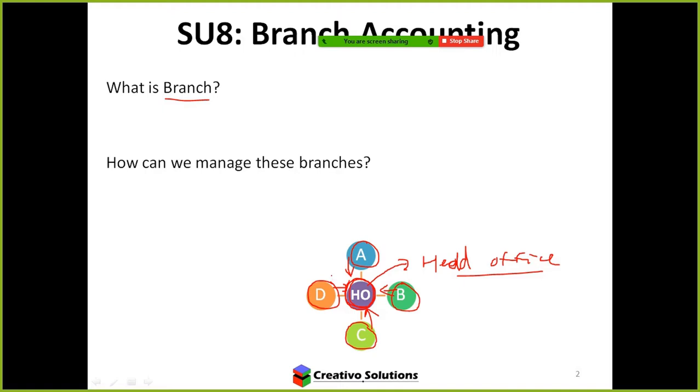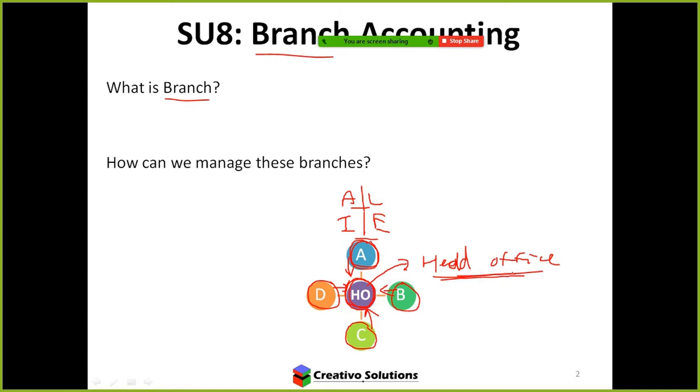Okay, so when you're looking at branch accounting, just remember that the focus is always from a head office perspective. So when you're looking at the accounting, in other words, when branch A accounts for its income and expenses and its assets and liabilities, all of those assets and liabilities and income and expenses actually belong to the head office because it's one organization, it's one company.